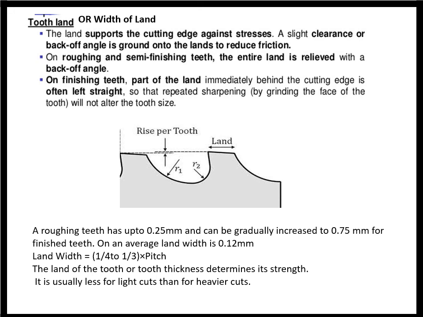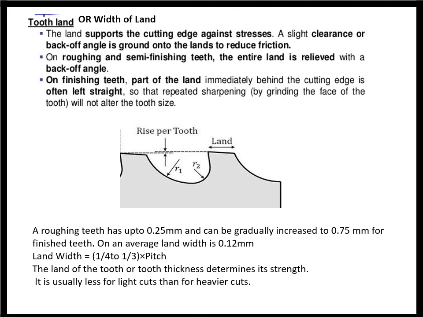The roughing teeth generally have a smaller land, say up to 0.25 mm, and this goes on gradually increasing up to 0.75 mm for finishing teeth. So the average land width will be around 0.12 mm.